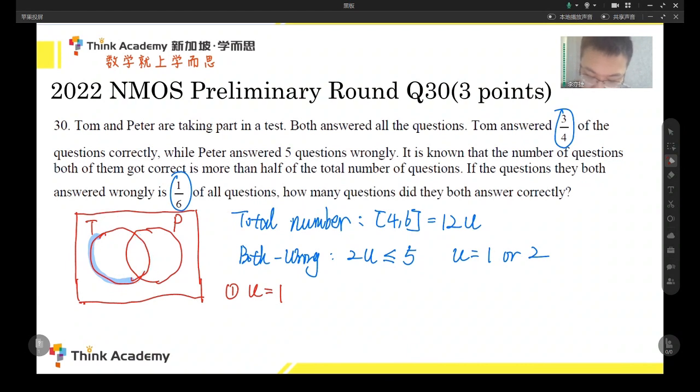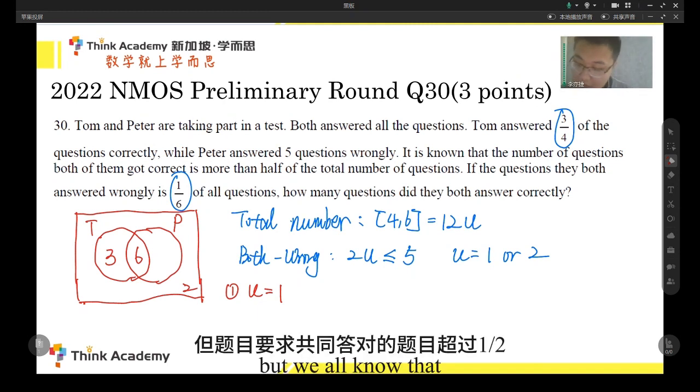Then the questions they both get wrong, represented at the blank of the rectangle, should be 2 here. Then the questions Peter gets wrong alone will be 3, as this is the question that Peter gets wrong but Tom gets correct. Also, Tom answered 9u, which is 9, correct. So the common questions they both get correct is just 6.